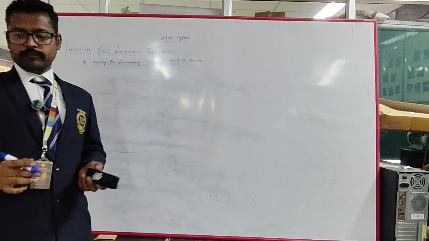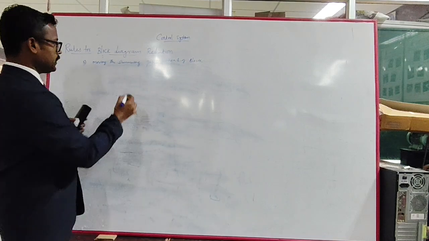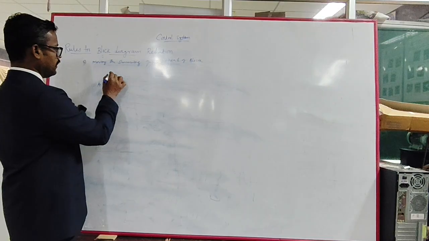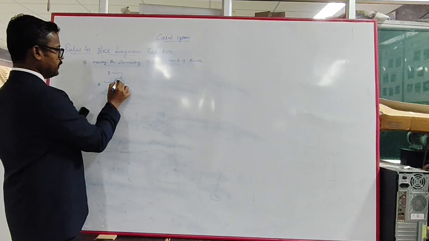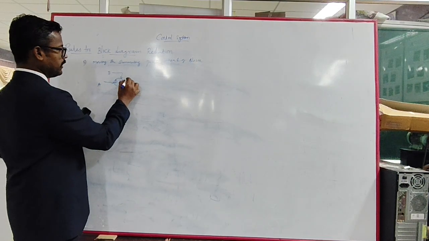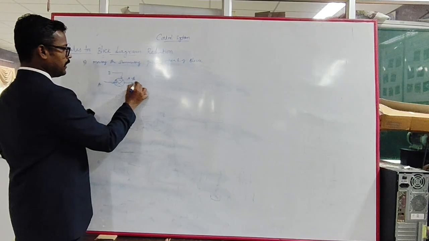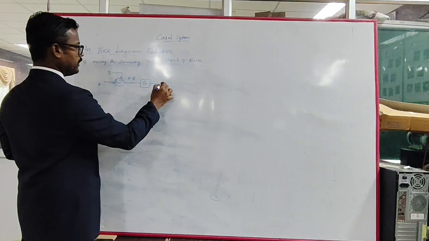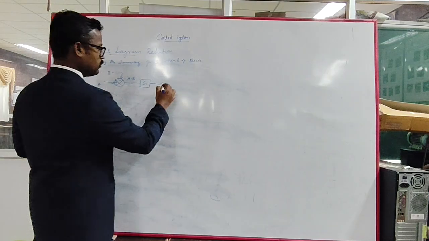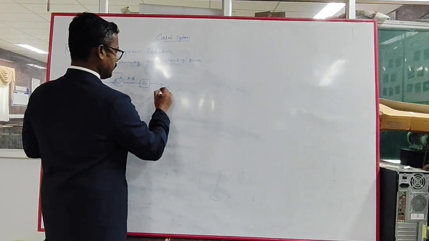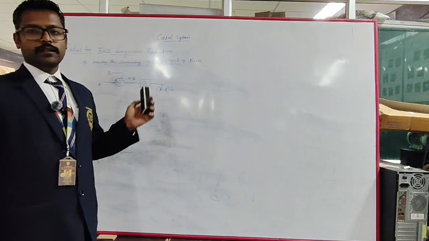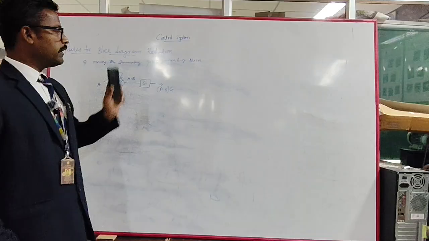So what does that mean? We have a summing point which adds two signals, A and B. It is plus and minus, which means you will get A minus B, and it is given to some gain G. So the output is A minus B into G. Now I am moving the summing point ahead of the block.